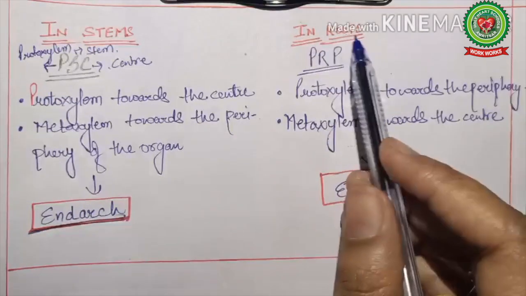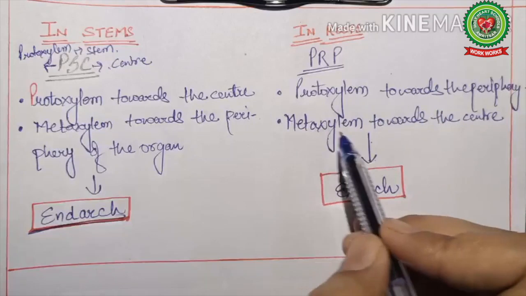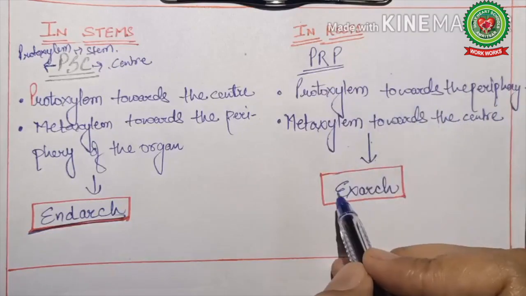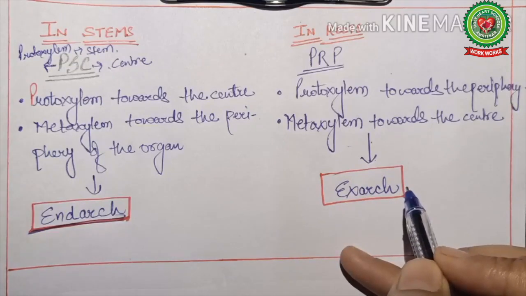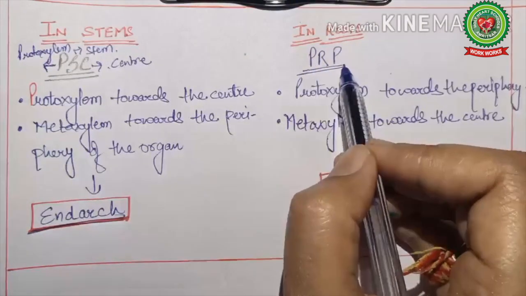While in case of roots, protoxylem is towards the periphery and metaxylem is towards the center. This kind of arrangement is called exarch. Ex means outside, exarch. Now we can also learn it as PRP.